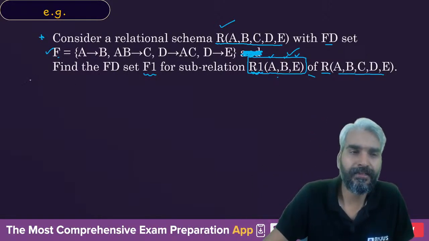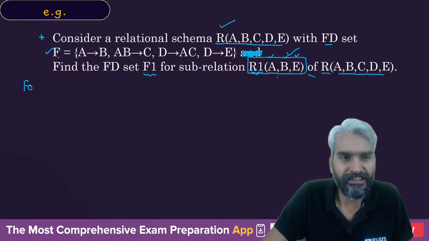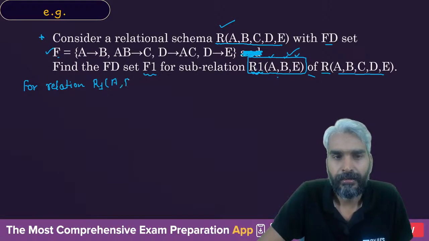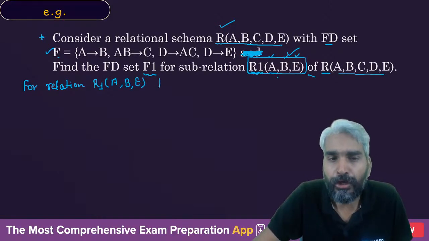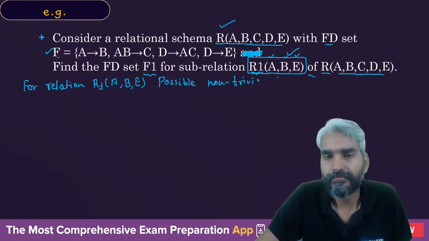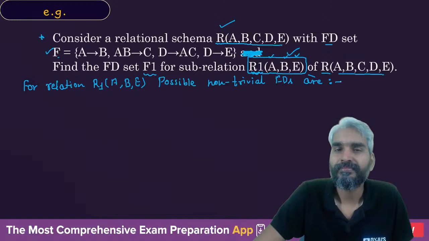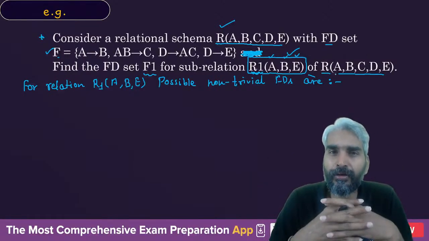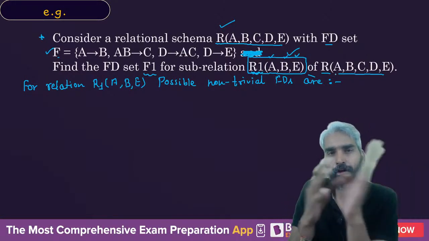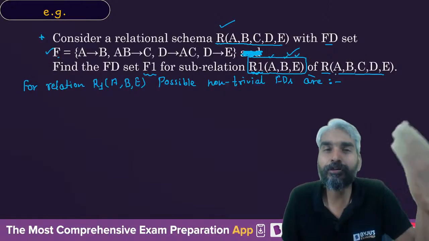So for relation R1 with attributes A, B, E, we have already discussed that if you are trying to find the possible non-trivial FDs in a relation, you will write all the possible non-trivial FDs and then check which of those FDs are valid.